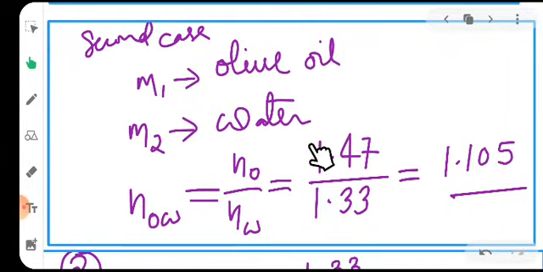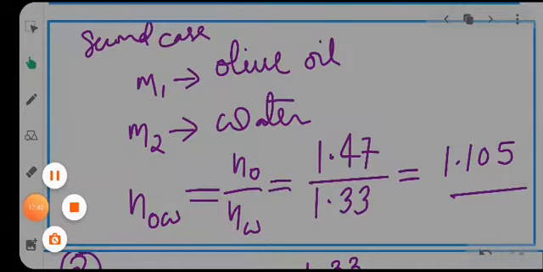The refractive index of olive oil was 1.47, and for water it was 1.33, and doing the ratio you find it is approximately 1.105. See, here the relative refractive index is greater than 1. In the previous case it is less than 1. So it can vary. So that's how the solution is done.